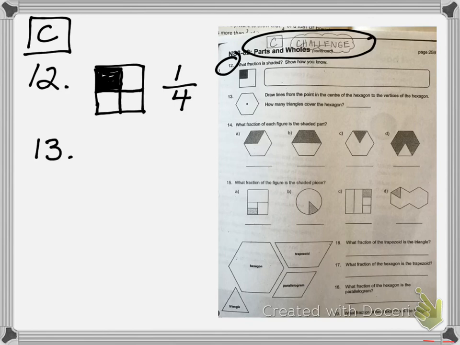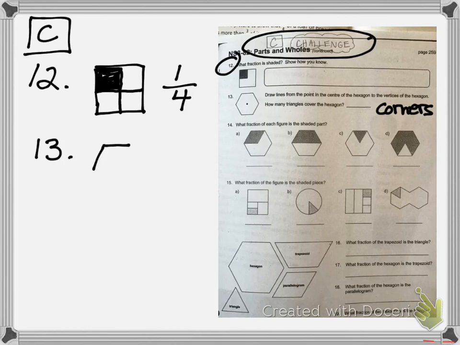Number 13 gives us a hexagon. And it's got a little dot in the center, and it says, draw lines from the point in the center of the hexagon to the vertices. Vertices means corners. Okay. How many triangles cover the hexagon? So I will just do one part of this with you.